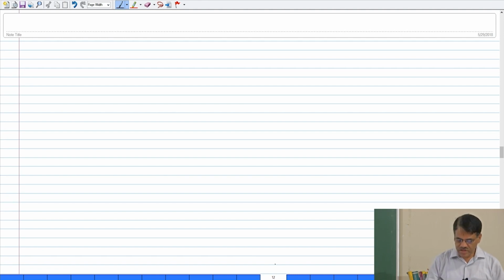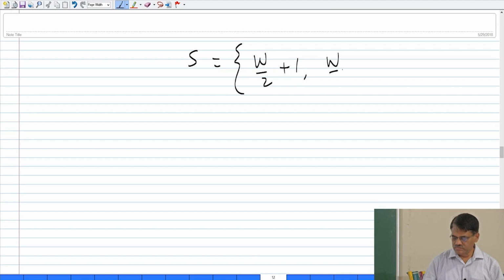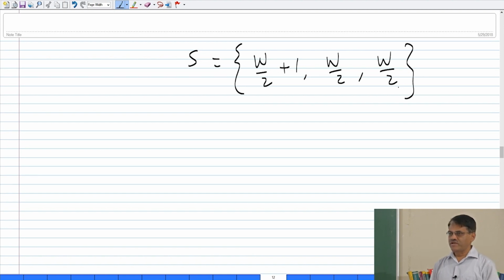Here is a simple example. Suppose my S is given. If you start with the largest weight and take it, how much can you take? If you take the largest weight and put it in your knapsack, you will pick W by 2 plus 1. That's it.